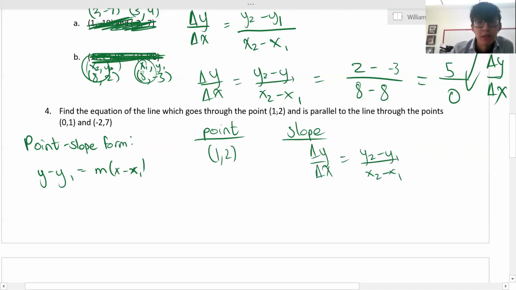So actually here, I'm going to change this point to 0, 3. So my point is 0, 3. And these points, instead of 0, 1 and negative 2, 7, let's try 3, 4, 1, 0.